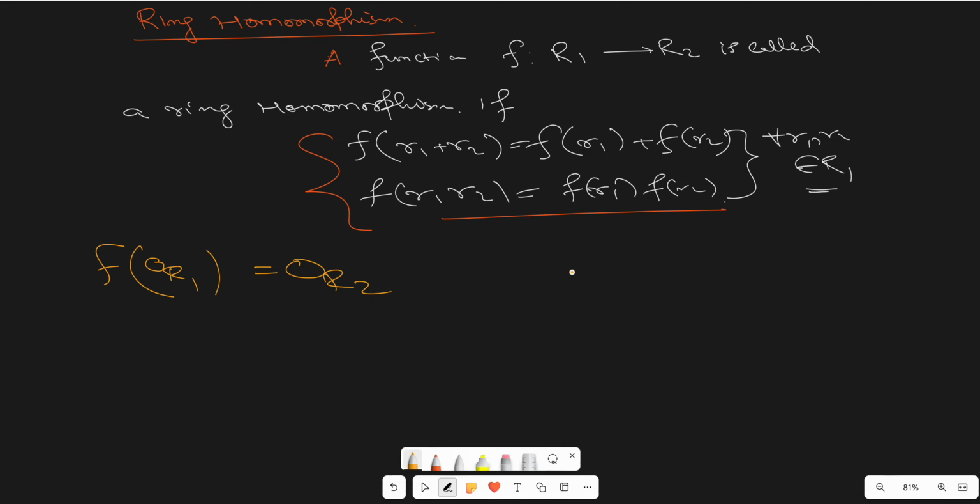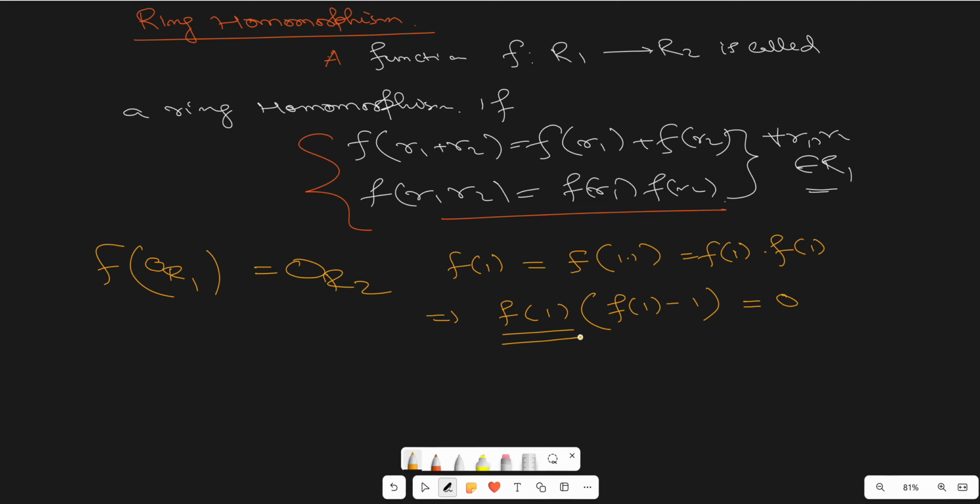And see here, f of 1, you can write as f of 1 times 1. This is actually f of 1 into f of 1, which is f of 1. This implies that f of 1 times f of 1 minus 1 is 0.